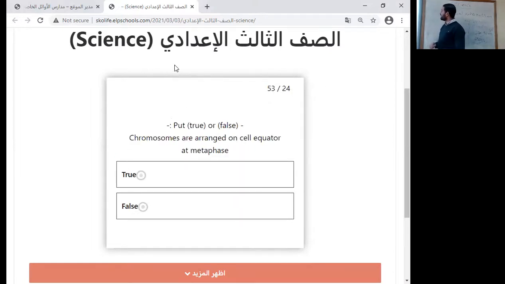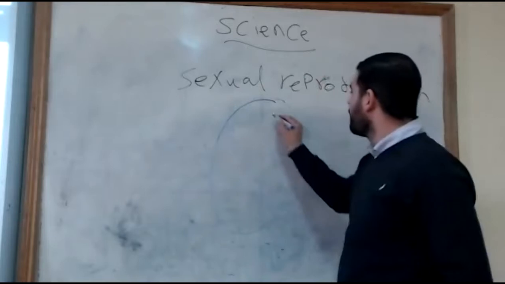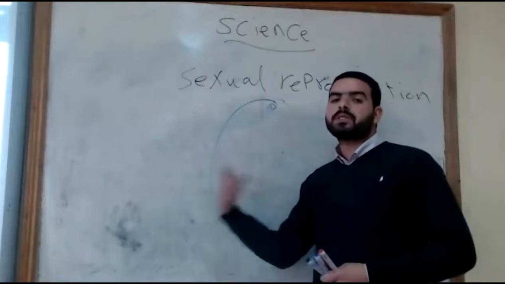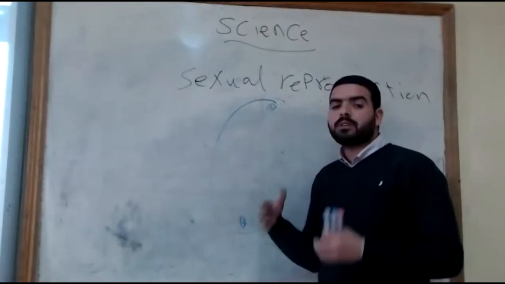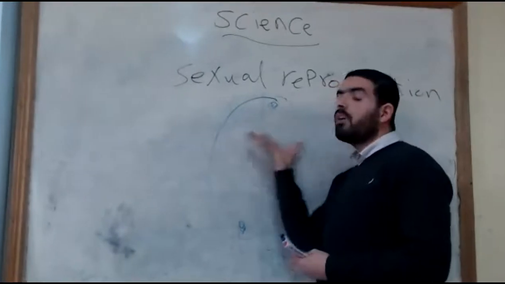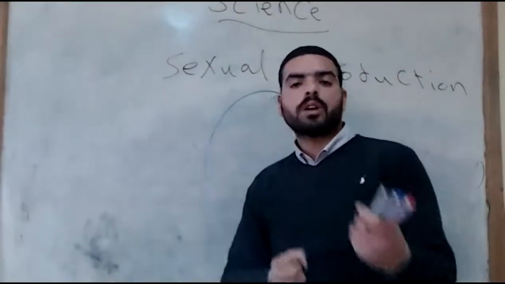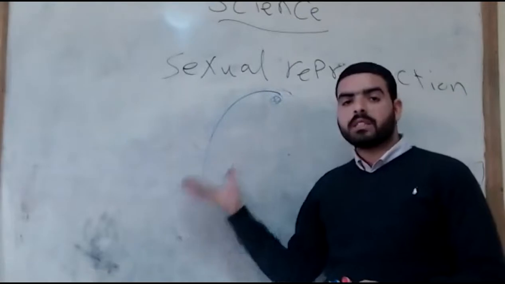Chromosomes are arranged on the cell equator at metaphase. The answer is true. But let's talk about metaphase. Before entering cell division, the cell enters a stage of interphase in which the cell prepares itself for reproduction, doing some vital processes like storing food and duplication of genetic material.